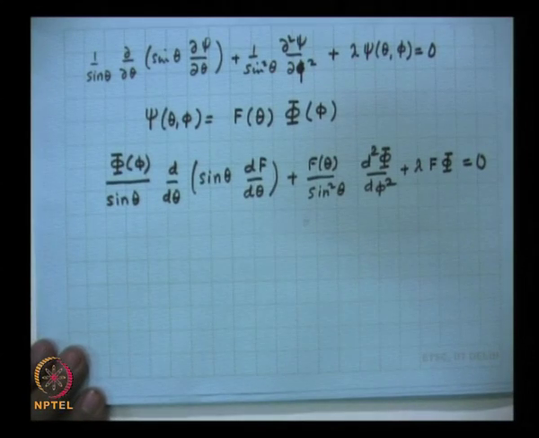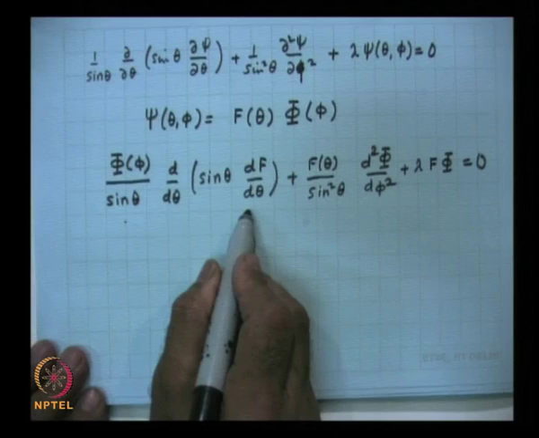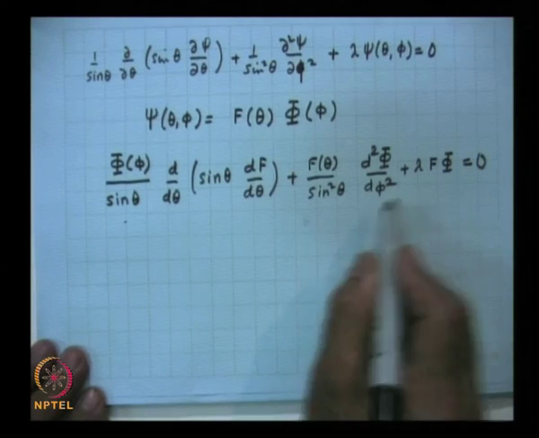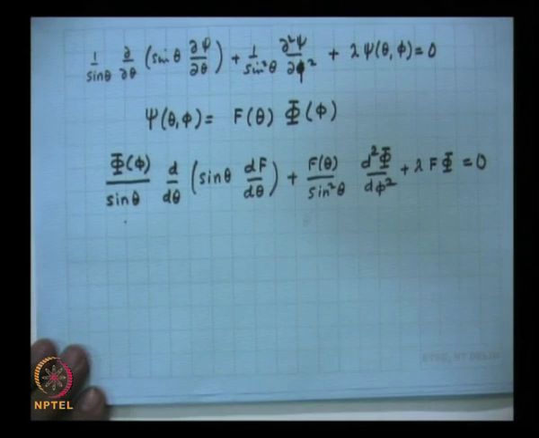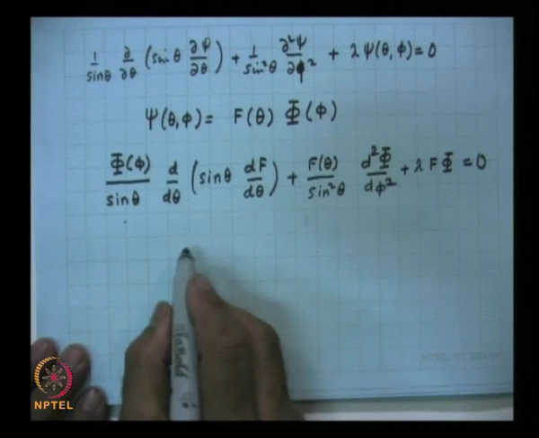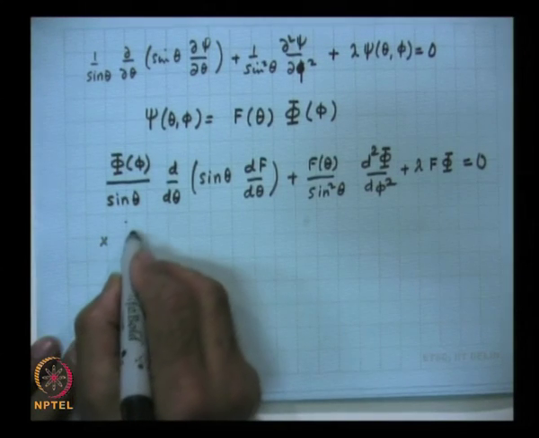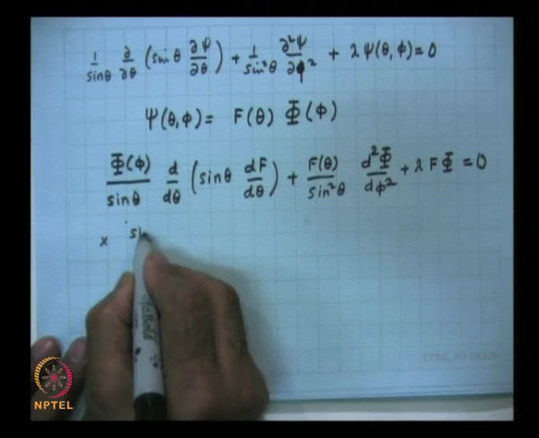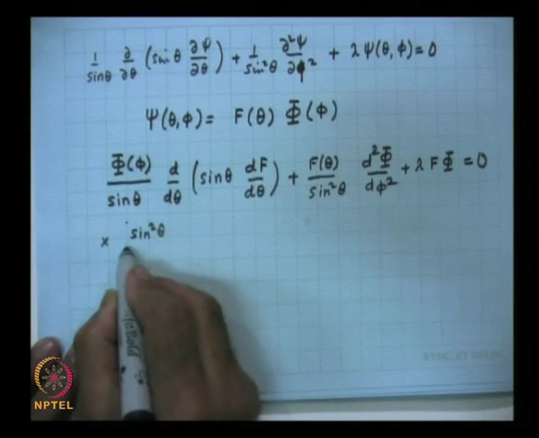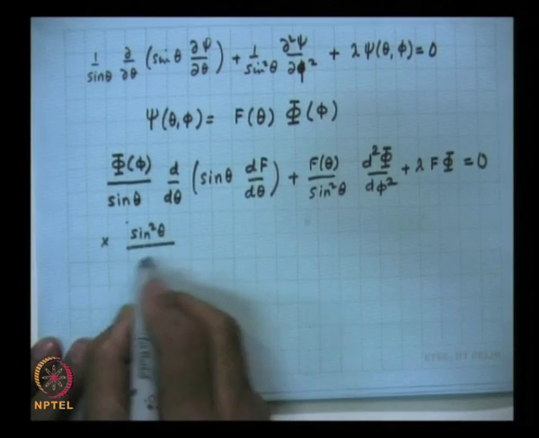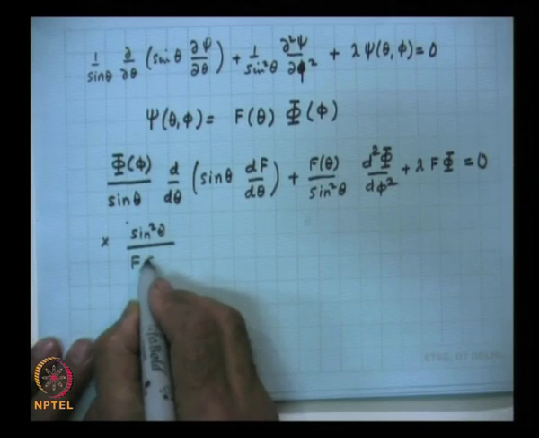Have the variables separated out? Not yet, because this involves phi and theta, this involves phi and theta. But what we do is that we multiply the whole equation by sin square theta divided by f times phi.